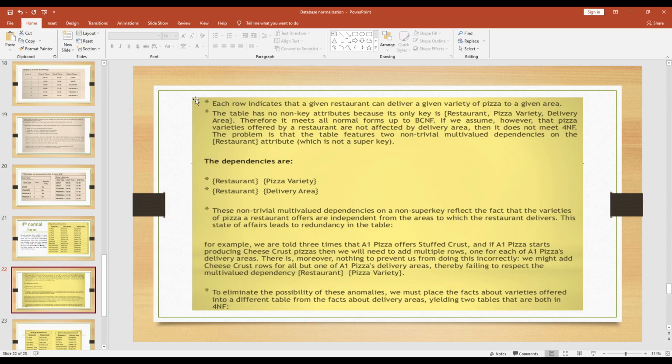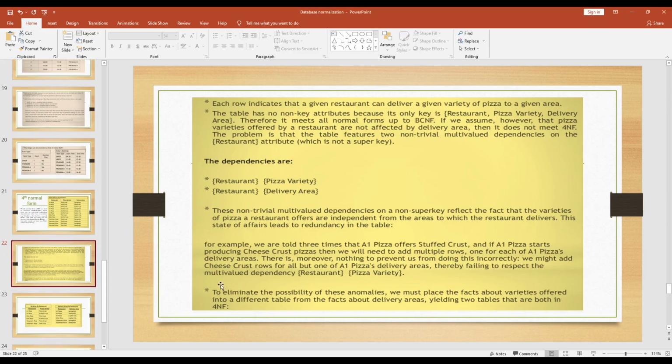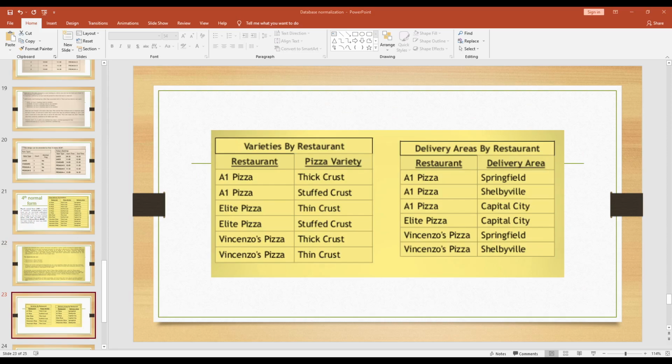To eliminate the possibility of these anomalies, we must place the facts about varieties offered into a different table from the facts about delivery areas, yielding 2 tables that are both in fourth normal form. In contrast, if the pizza varieties offered by a restaurant sometimes legitimately vary from one delivery area to another, the original three-column table would satisfy fourth normal form.